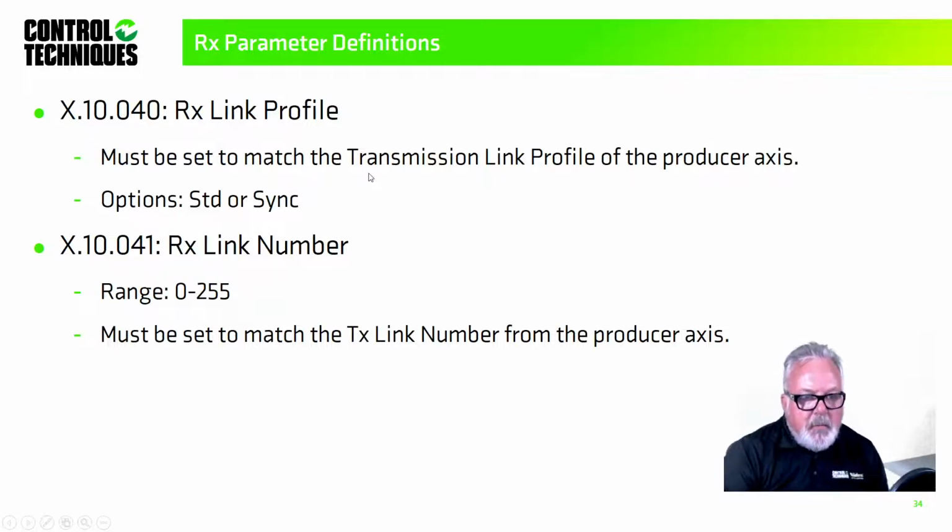So if you're transmitting a synchronized link, you better be prepared to receive that link as synchronized on the receive side. By the same token, if you're sending transmit link number 1, you should be prepared to receive that same link number. It has to match the TX link number from the producer axis. So that's pretty straightforward.